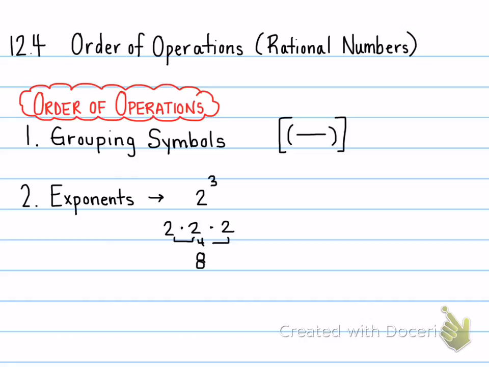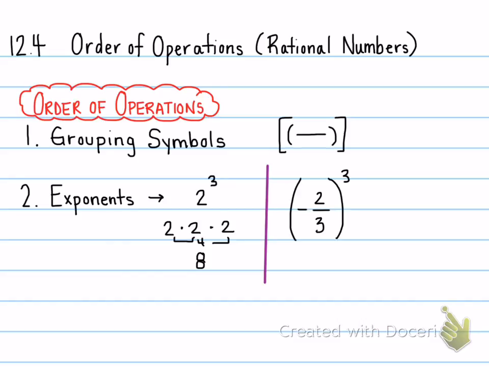Now, we are going to start seeing fractions when we do this. So let's take a look at what you do when you have a fraction that's to the third power or a fraction that's cubed. Let's say I'm looking at negative 2/3, and I have that cubed.